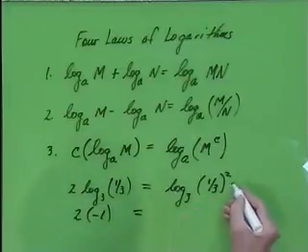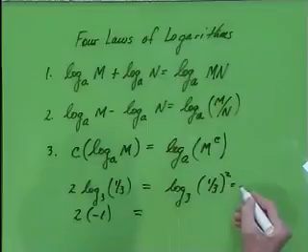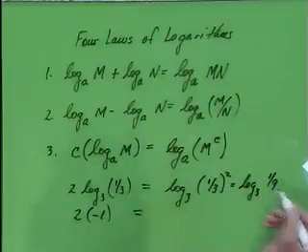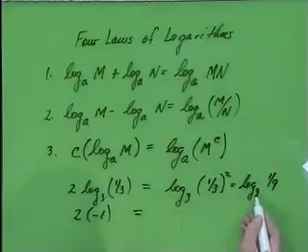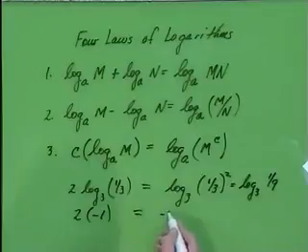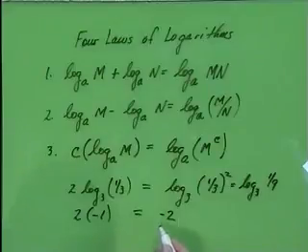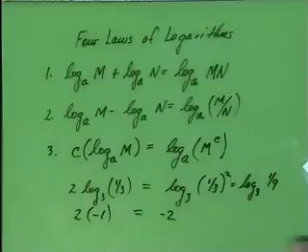Well, if I reduce this, 1/3 squared is 1/9. So what exponent would you put on 3 to give you not 9, but 1/9? I think that would be -2. Yeah, 3 to the -2 is 1/9. So -2 equals -2. This is not a proof, but it's a demonstration of that rule.